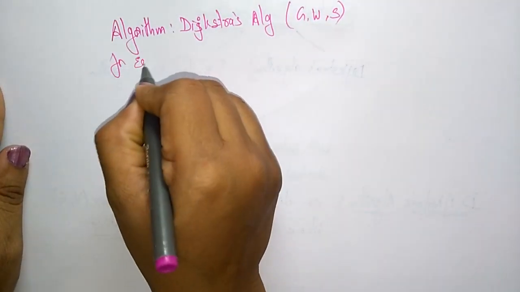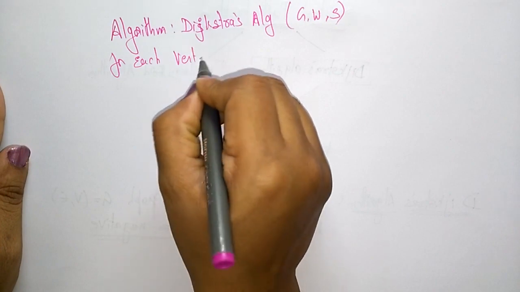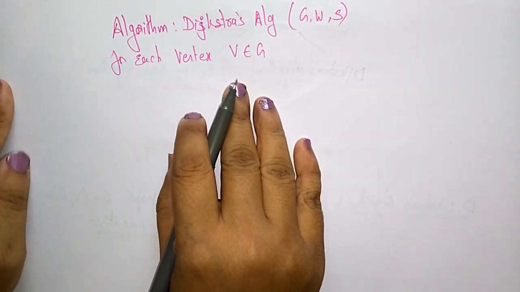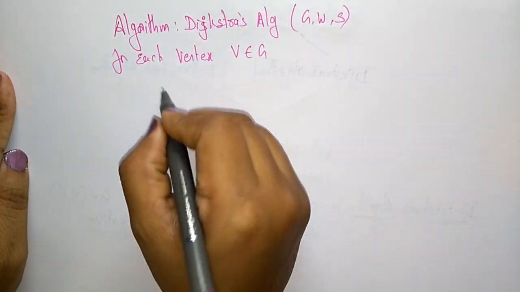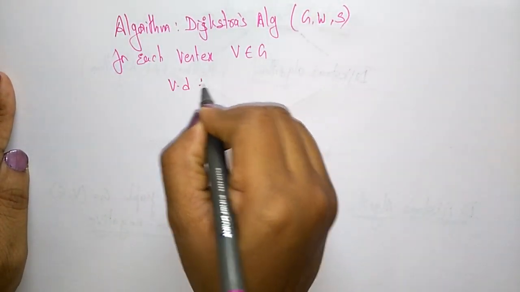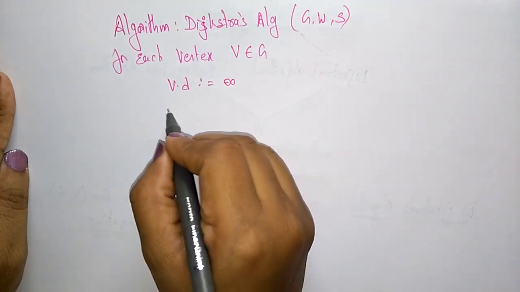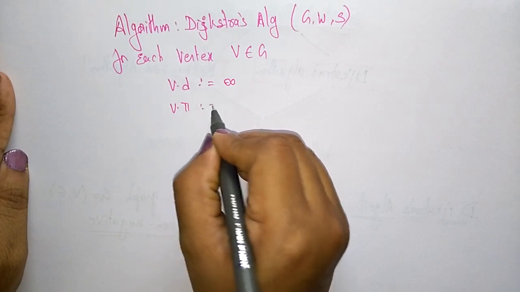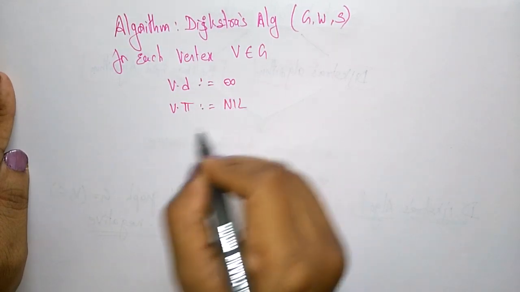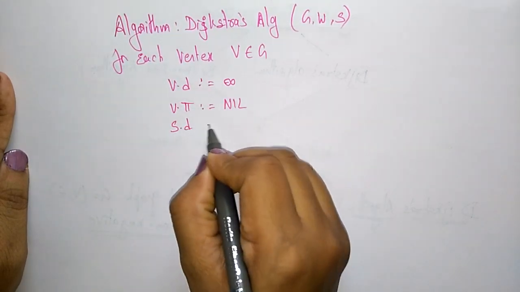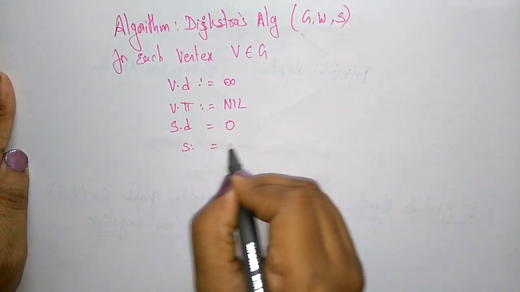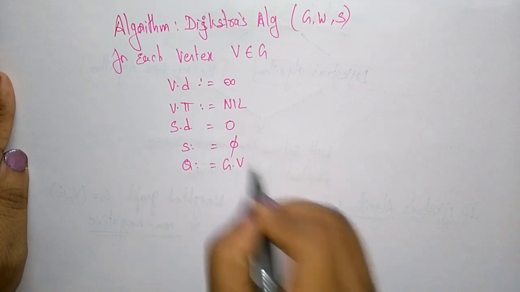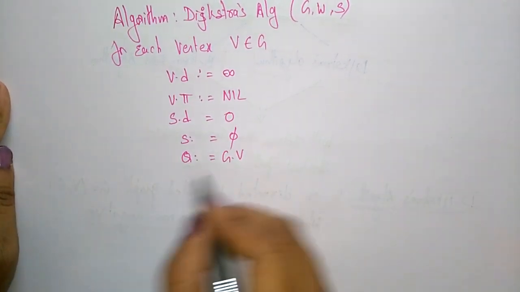For each vertex V belonging to the graph, V.d is first initialized to infinity, V.pi is nil, and S.d, the distance, should be 0. And Q is the graph's vertex set, G.V.